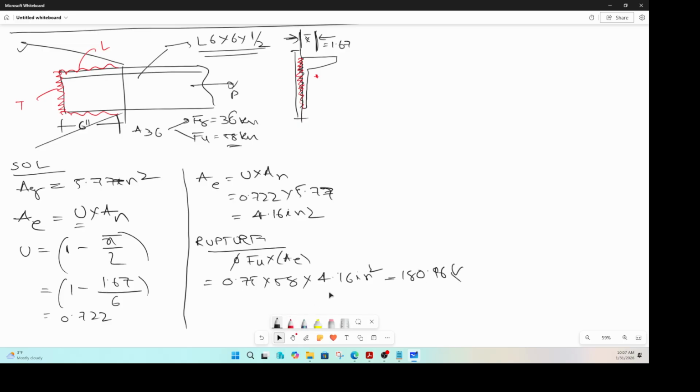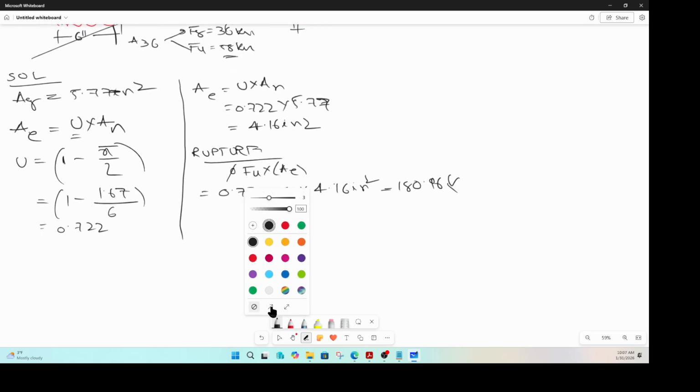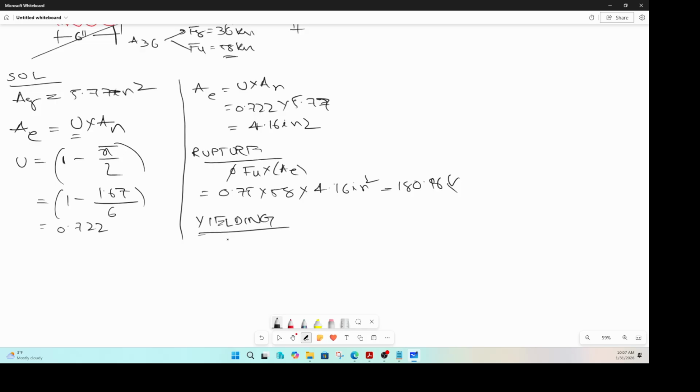How do you calculate your yielding? Yielding strength is the phi factor times Fy times A gross. The phi factor for yielding is 0.9, Fy is 36, and my A gross is 5.77, so that amounts to 186.94 kips.